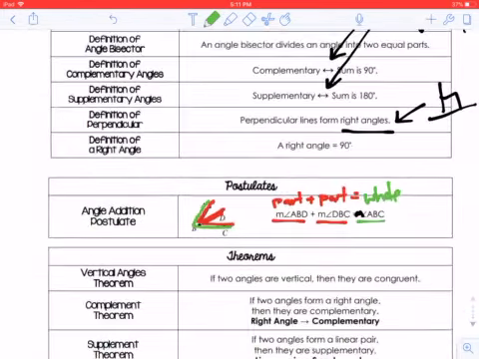Everything else is going to come from previous steps or from the given, et cetera. The angle addition postulate here is going to be coming straight from the picture. So we have to look for a picture like this where we have two smaller angles inside of a bigger angle. So we have a part plus a part equaling a whole.